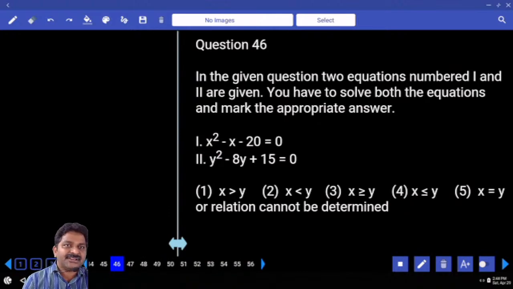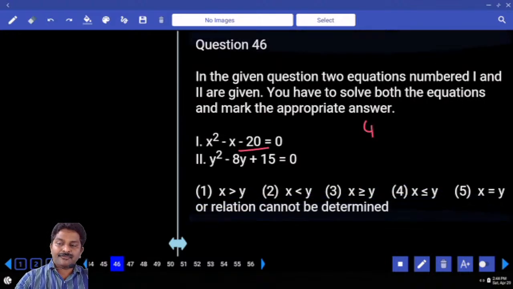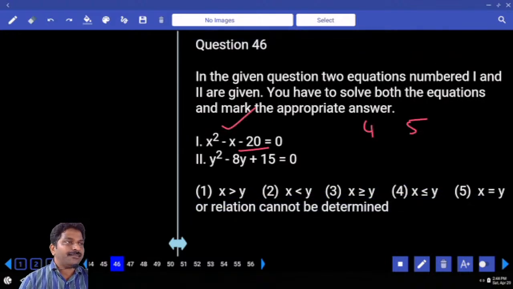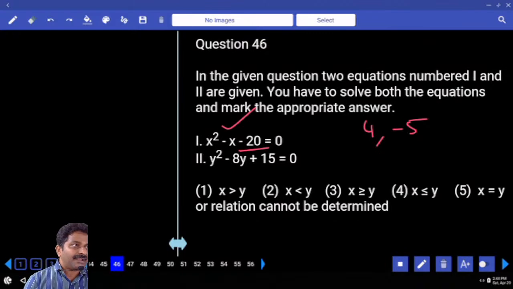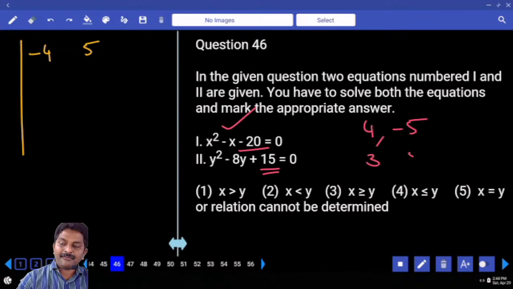Is it a free question? No, we have to calculate. Right. Product is a negative number. 4 and 5. Sum is a negative number. So I will take the combination as plus 4 minus 5. Factors are minus 4 plus 5. Got it? Product is 15. 3 comma 5.